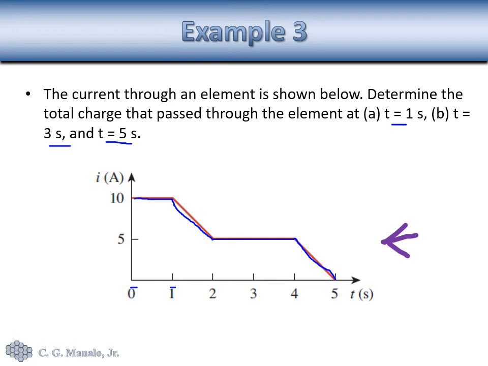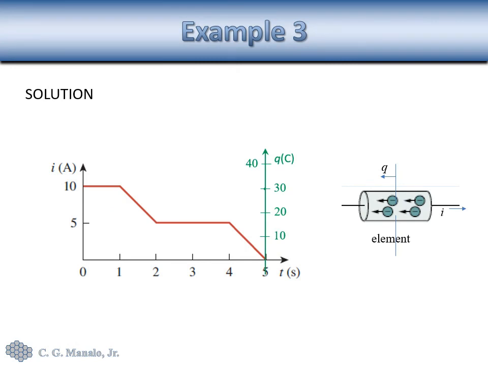So let's check out the solution. So this is the solution for example number 3. So we have here an element, and let's assume that the current is flowing in the right direction, and so that would mean that Q would be to the left.